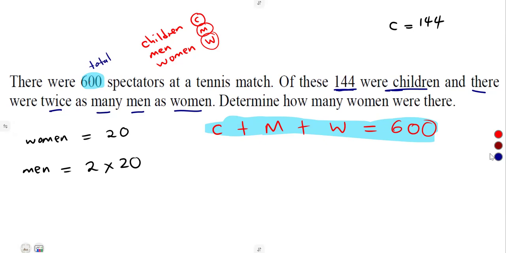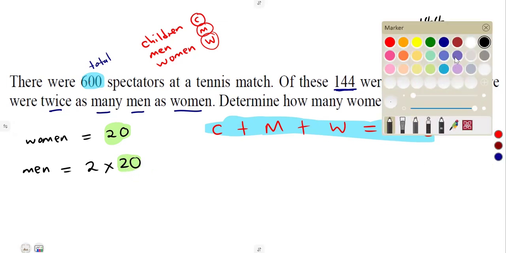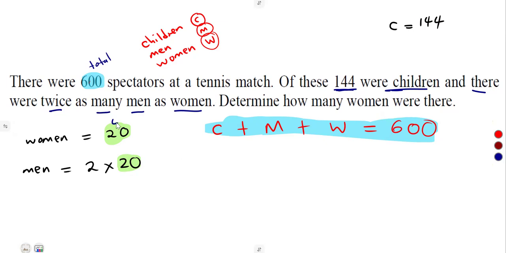So if they were 20 here, it was going to be 2 times 20. Let's say there were 40 here, it was going to be 2 times 40. If they were 50, 2 times 50 again. So we do not know how many women we have.